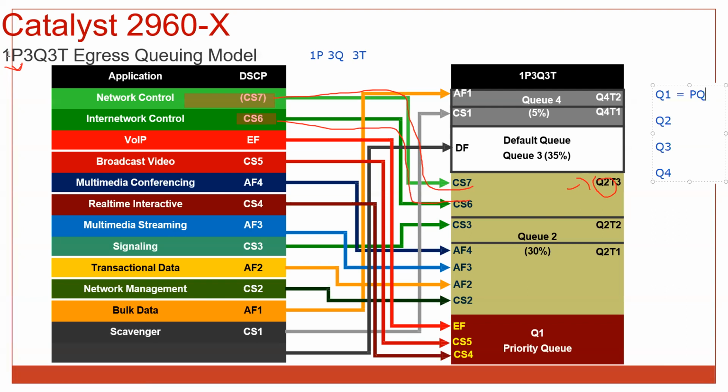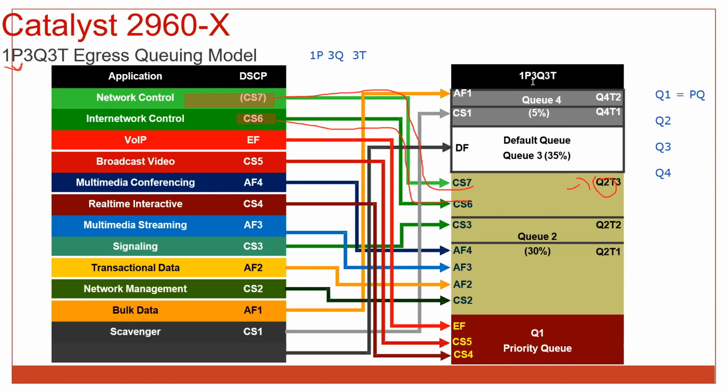That means you actually have 4Q and 3T. This is the priority queue, and Q2 is the next level priority queue after that. Q4 is the default queue. I will show how it is in this diagram.